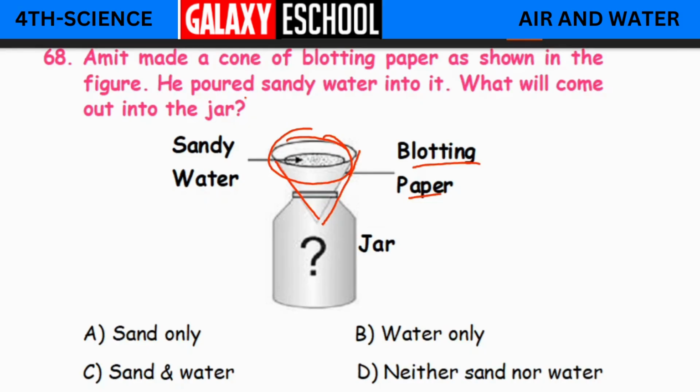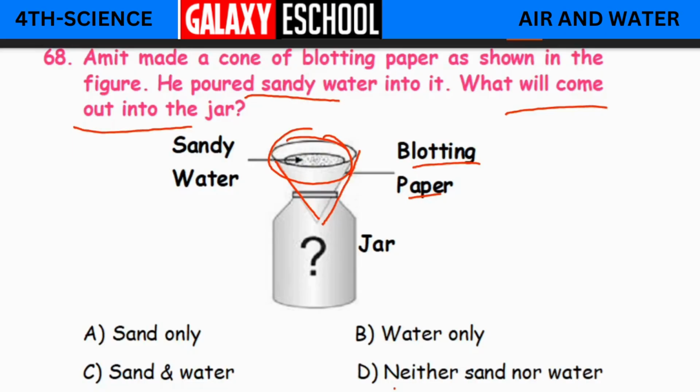So the total liquid will be absorbed by the paper. And along with this liquid, he poured sandy water in it. What will come out into the jar? Because it is blotting paper, even though he poured sandy water, nothing is going to come out into the jar. Why?